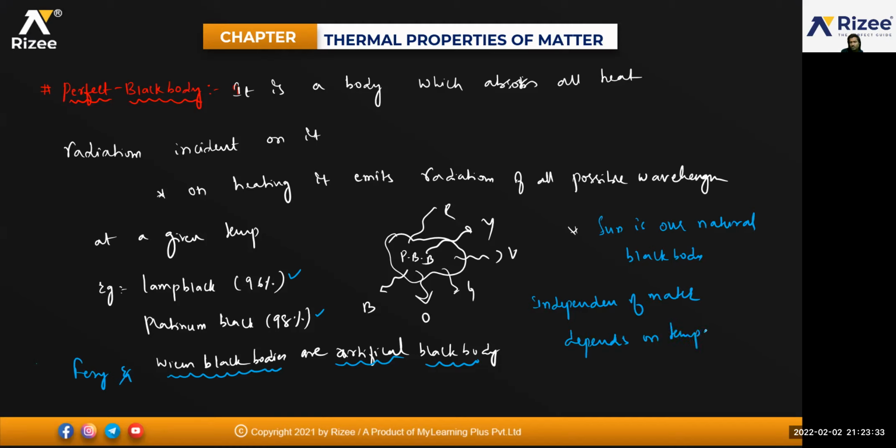These are theory questions, but you compulsorily need to remember them, otherwise you may lose marks. A perfect black body absorbs all heat radiations incident on it. On heating, it emits radiations of all possible wavelengths at the given temperature. Examples are lamp black and platinum black; Ferry's and Wien's black bodies are artificial, and the Sun is our natural black body. It is independent of material and depends upon temperature. Clear?